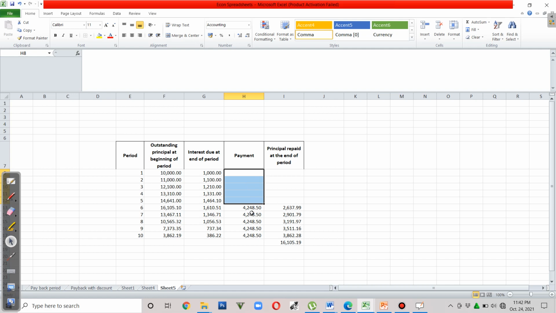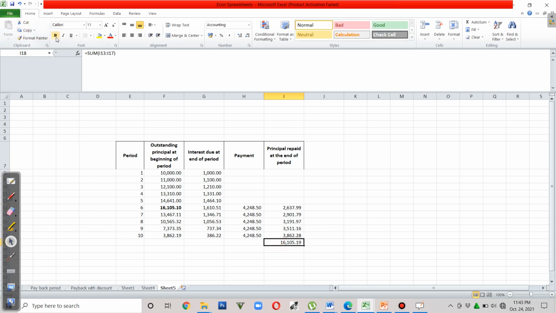Kaya, may transition, meaning from increasing to declining. Ito, no? So, ang transition point is actually the highest point dito, 16,105. So, ito yung pinakamataas na principal, di ba?